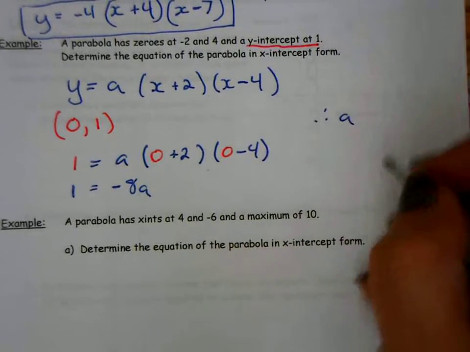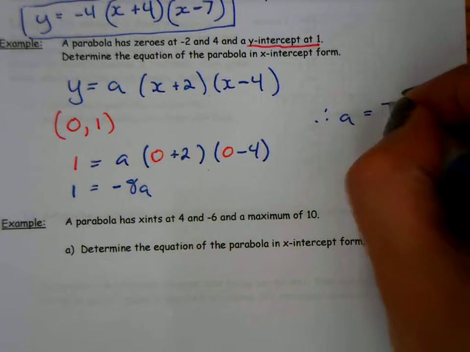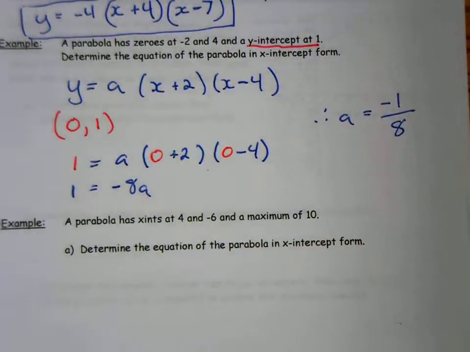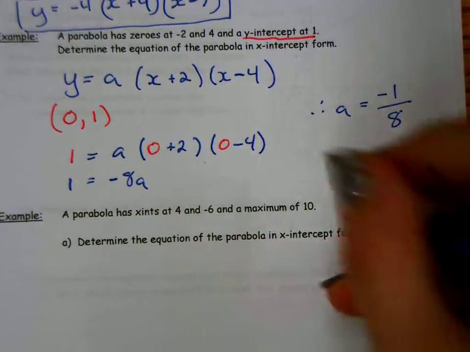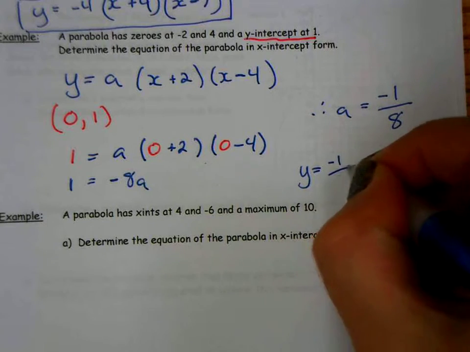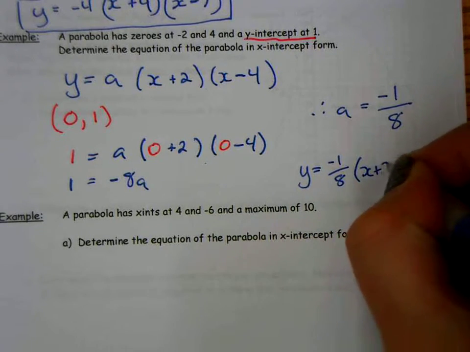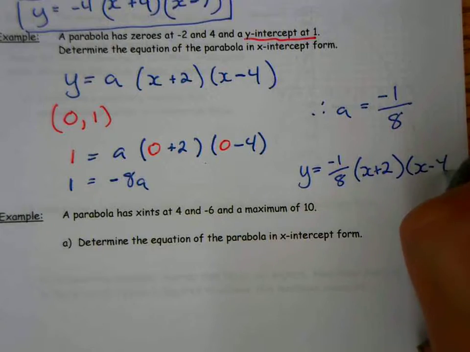Therefore, a is equal to -1/8. If they want the equation, I can't stop here. I got to put it all back together. Y equals -1/8, x plus 2, x minus 4.